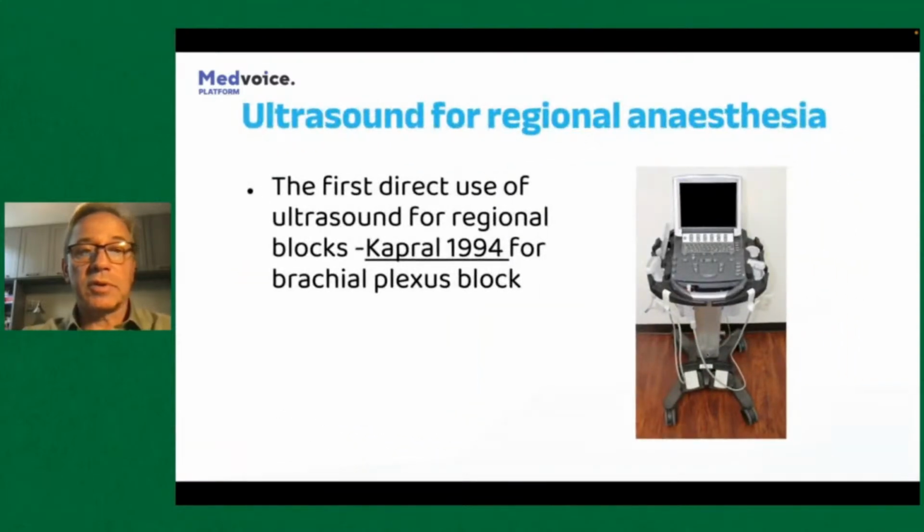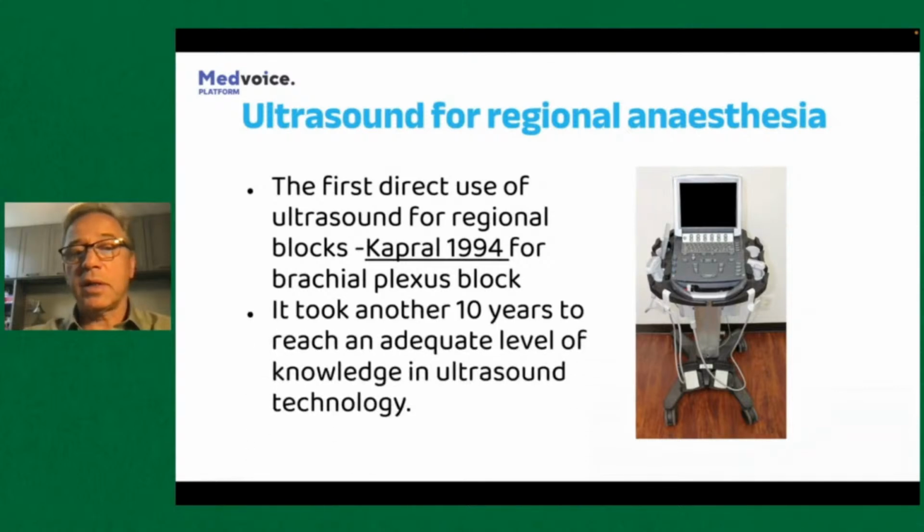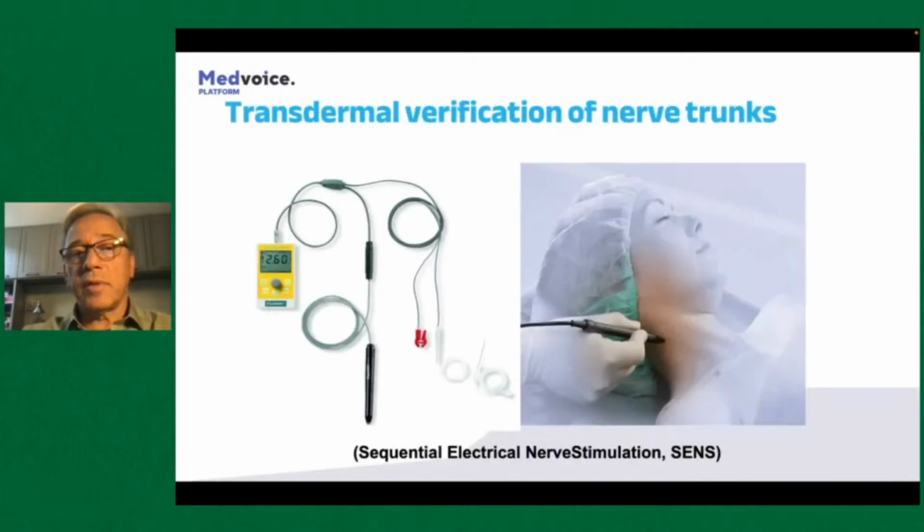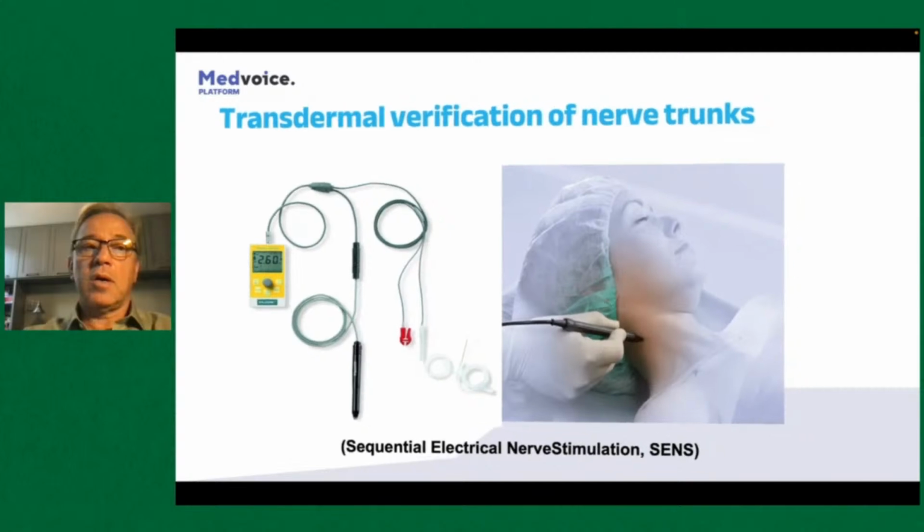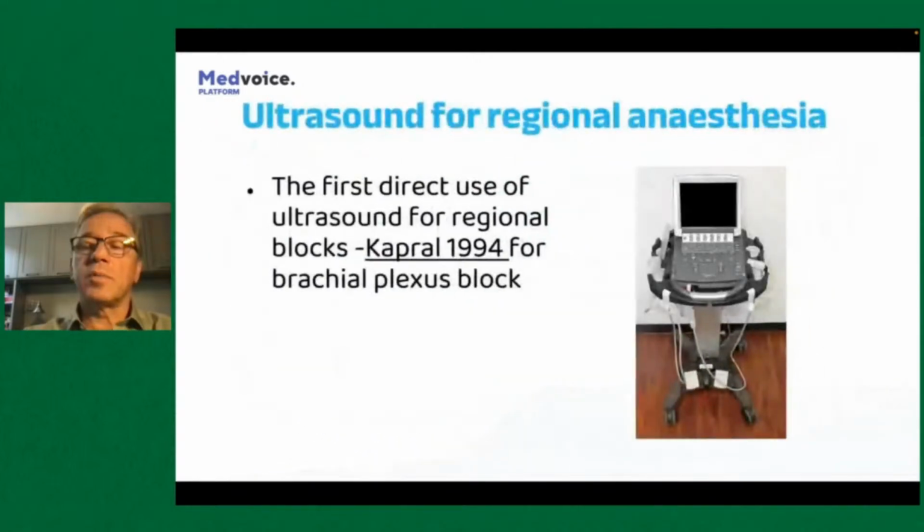Ultrasound was first introduced in 1994 for brachial plexus block, and then it took a long time to reach an adequate level of knowledge and ultrasound technology. Mind you, transdermal verification and neurostimulators are now advocated by a lot of regional anesthesia enthusiasts in combination with ultrasound and with special devices that measure the pressure at injection.